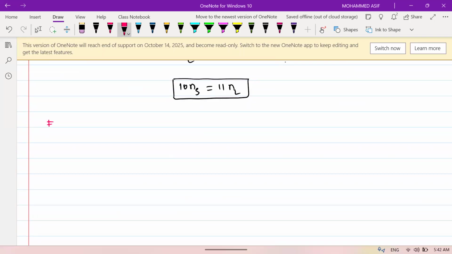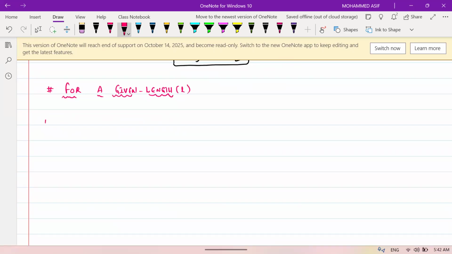Next one. For a given length L. If I write small l or capital L, it is one and the same, beta. For a given length, I'm talking about case number 1.